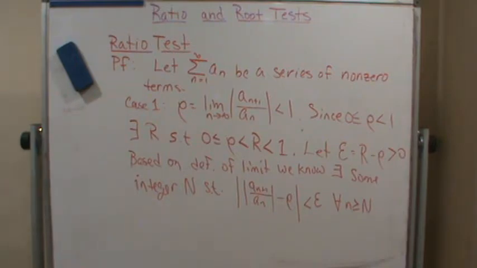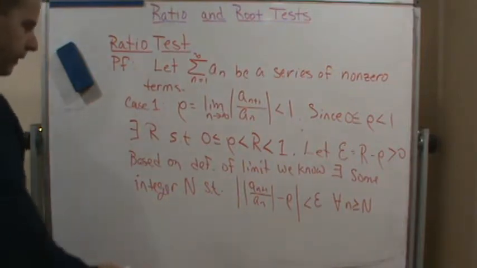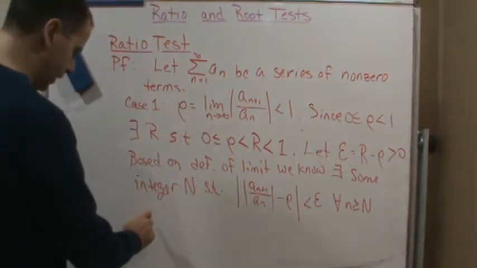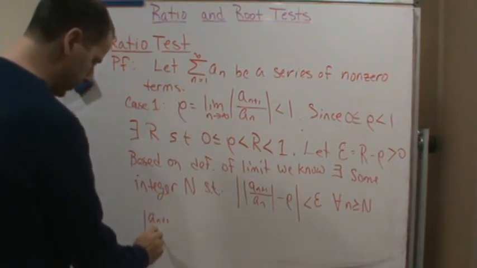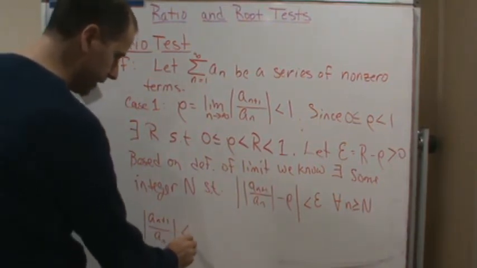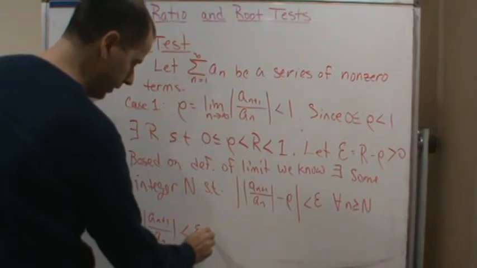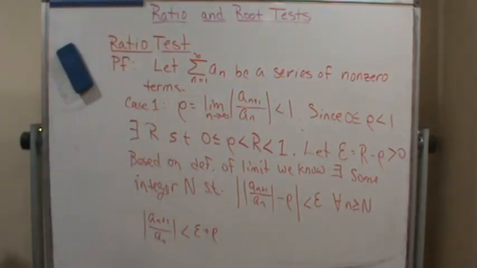Now, what does this give us? Using this, the absolute value of a sub n plus 1 over a sub n is less than epsilon plus rho.